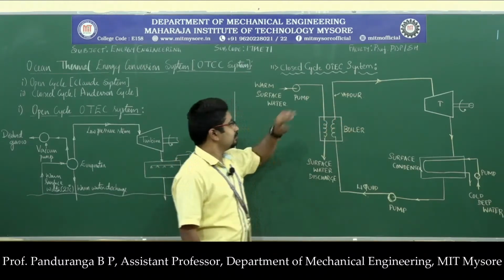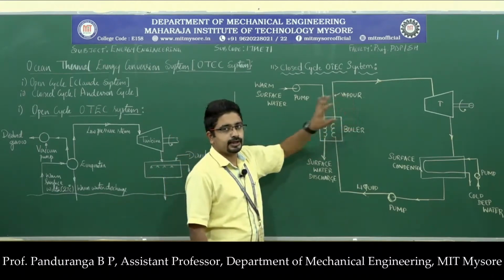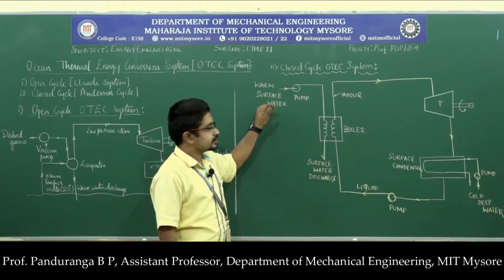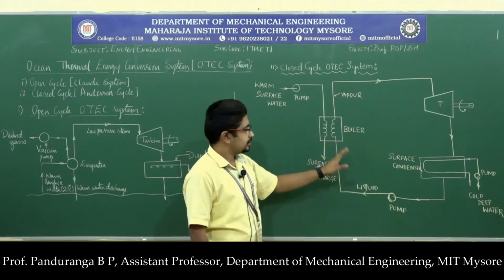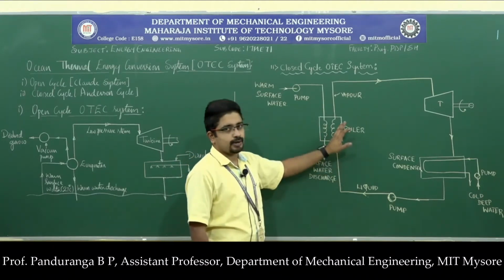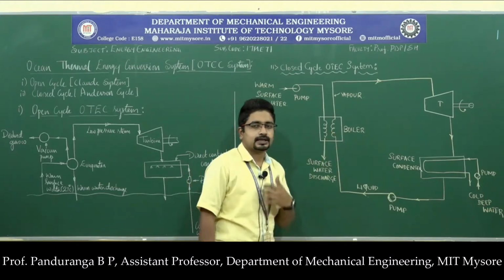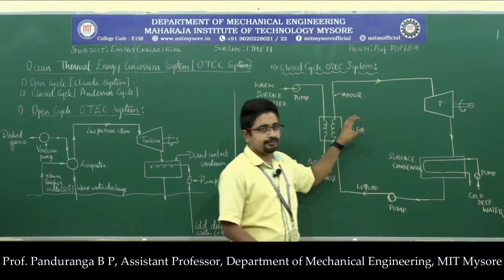So what we do here is we supply heat energy to the working fluid with the help of the warm surface water. The warm surface water will be passed through the boiler, and here the liquid ammonia will be flowing, and that absorbs heat and gets converted into vapor ammonia or vapor working fluid.